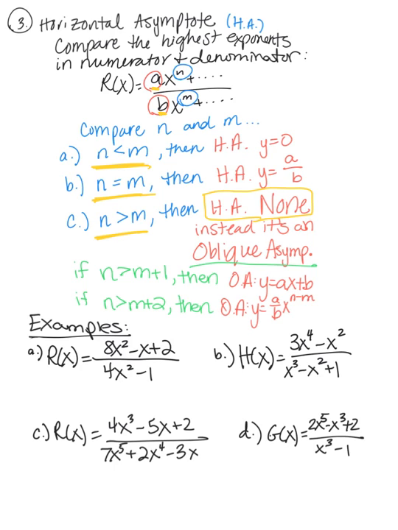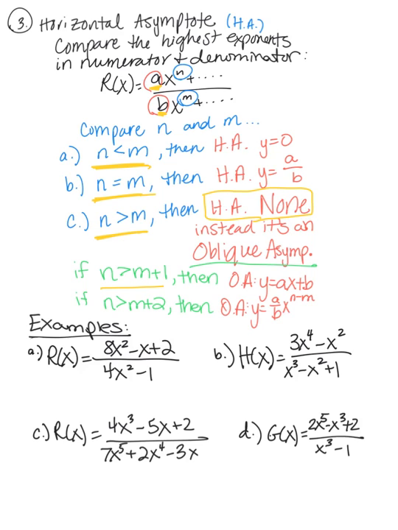We are only going to look at two types of oblique asymptotes. So when we compare them, if the numerator is one more than the denominator, then we're going to use our equation y equals ax plus b. And it's literally still coming from the lead coefficient up there.